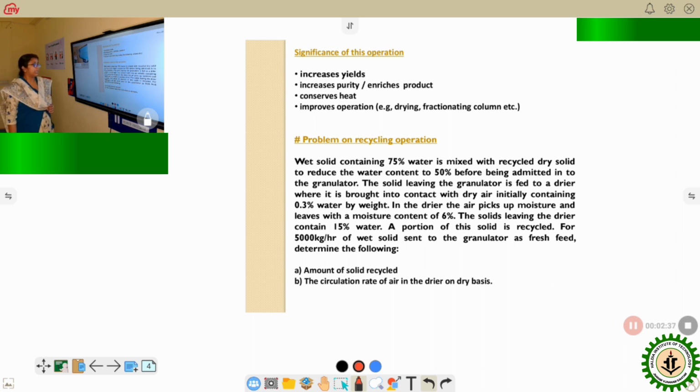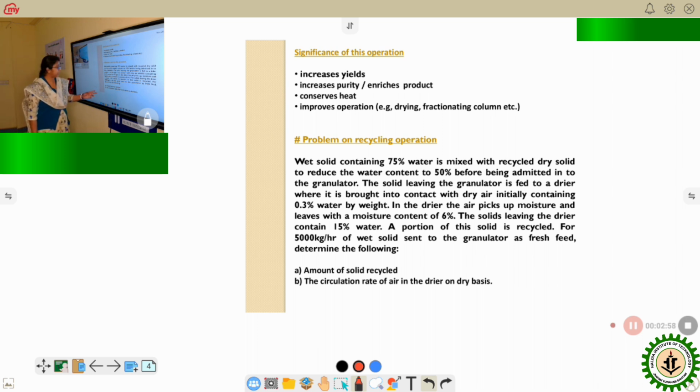While in the dryer, the air picks up moisture and leaves with a moisture content of 6%. The solids leaving the dryer contain 15% water. A portion of this solid is recycled. For 5000 kg per hour of wet solid sent to the granulator as fresh feed, determine the following.